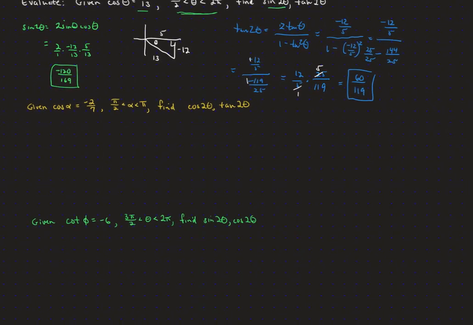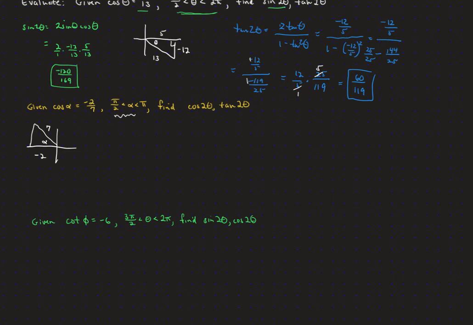This time, according to our information, pi over 2 to pi is going to be in quadrant 2. We want our angle alpha to have a cosine that's a negative 2/7.